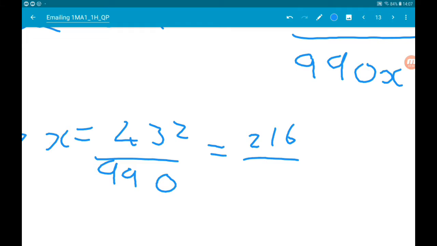Now 990 divided by 2, well, 900 divided by 2 is 450, and then 90 divided by 2 is 45, so it's 495.